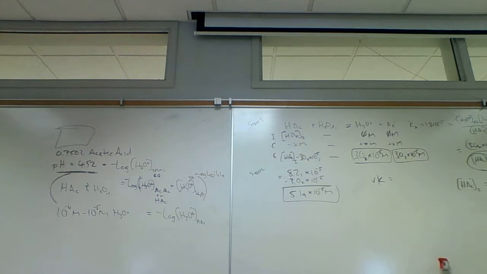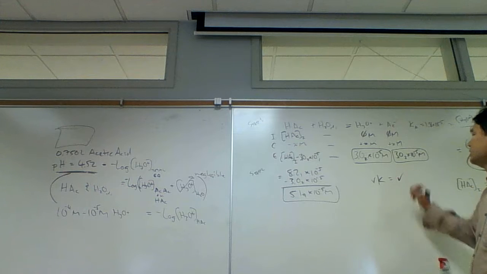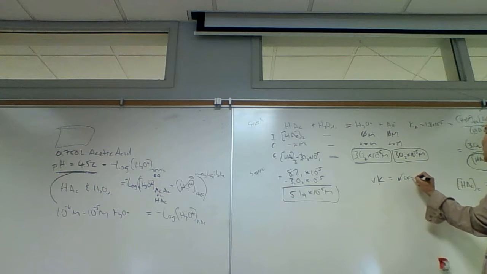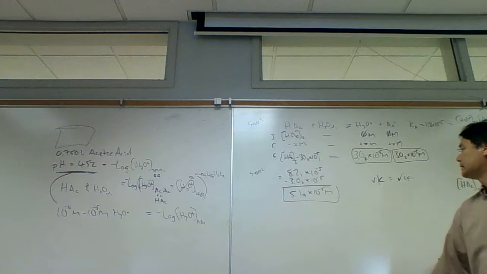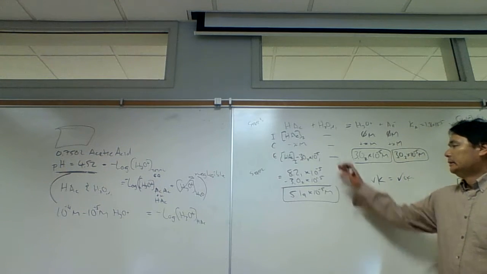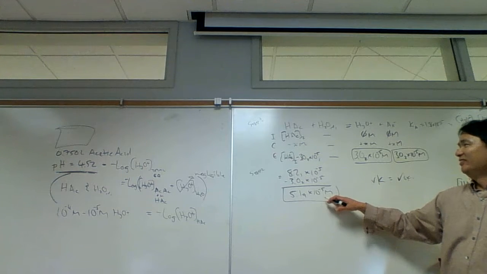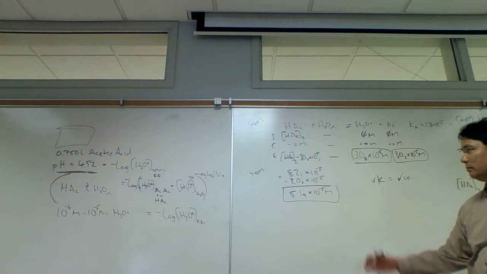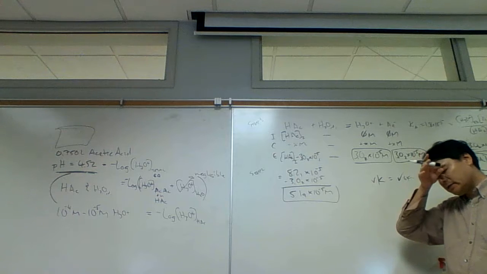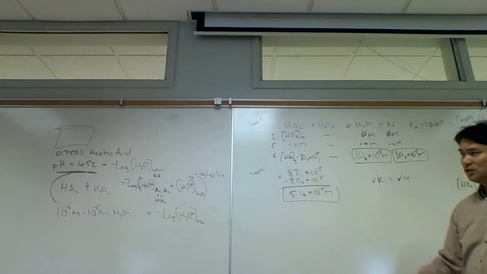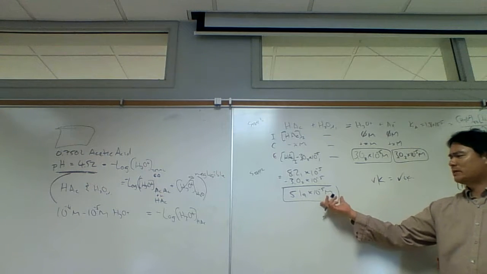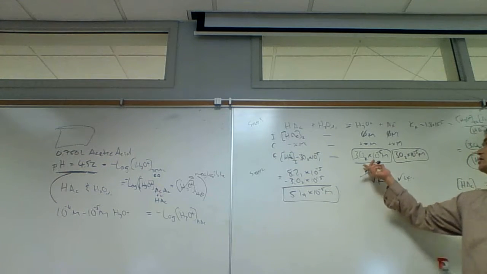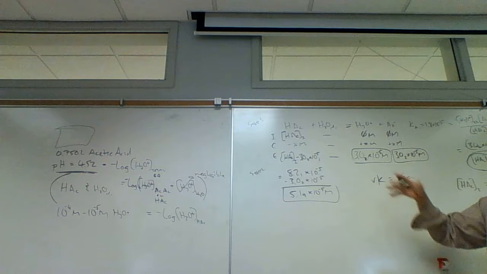Did it work out? Okay, so this is good. Check is okay. And so what this means is this is the equilibrium concentration of acetic acid, but we don't make it. You know, when you make an acetic acid solution, you want a pH of 4.52. You don't mix up this much acetic acid, this much hydronium, and this much acetate separately.